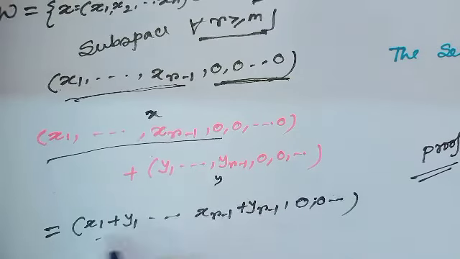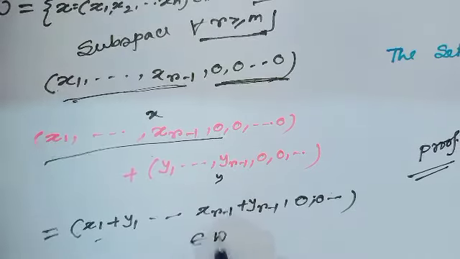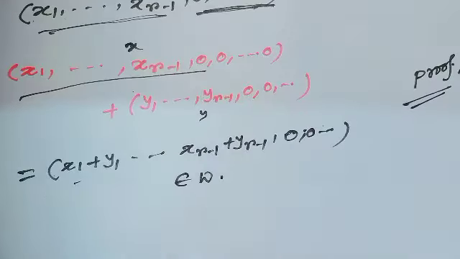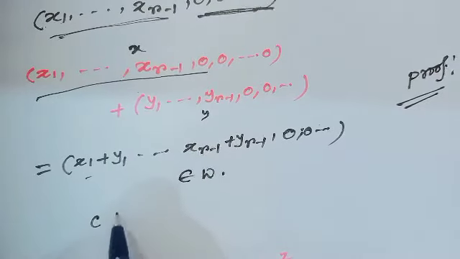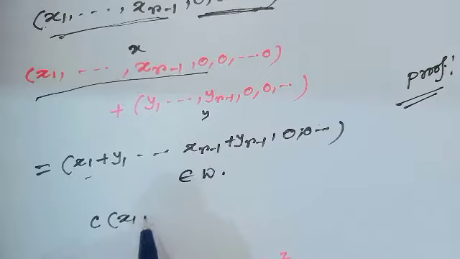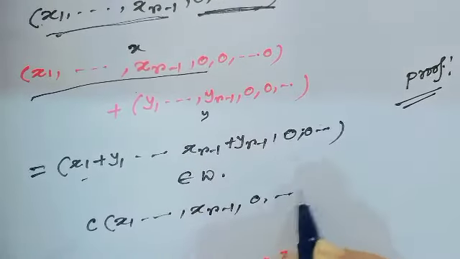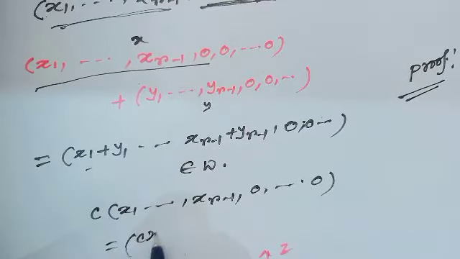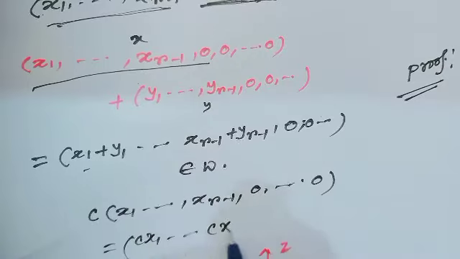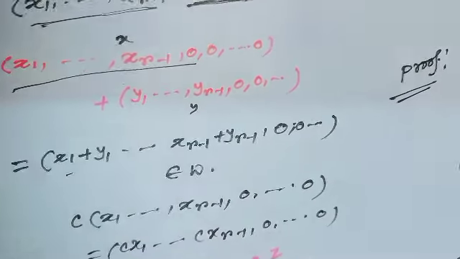And obviously this is a member of W. Also if we multiply c times (x1 up to x(m minus 1), then after that all points 0), this would be (cx1 up to cx(m minus 1)), then after that all points are 0.